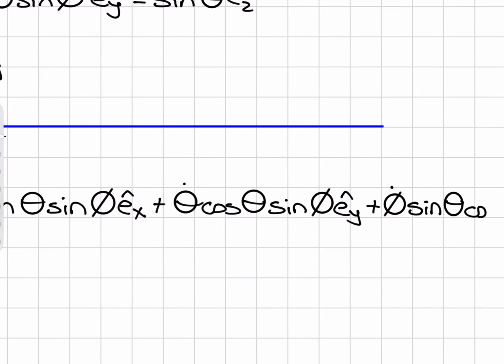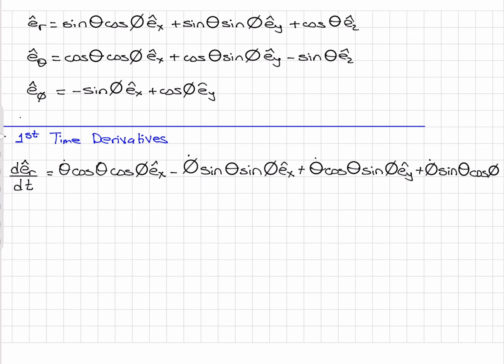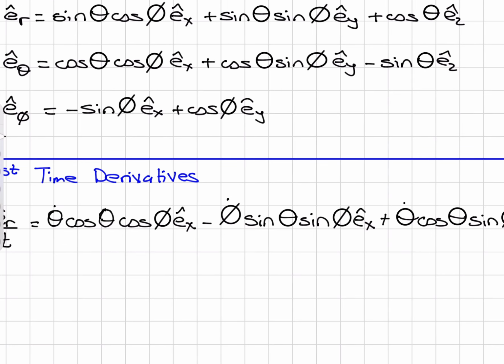This is again for the ey hat part. And then we have the z component where we have cosine theta, so it's going to be minus theta dot sine theta in ez hat.